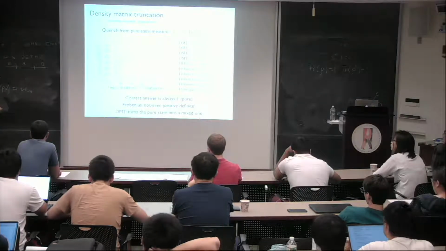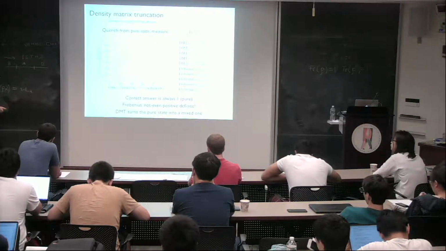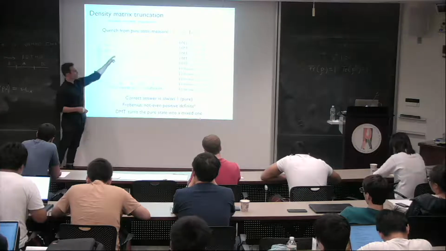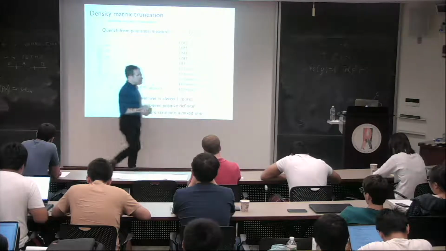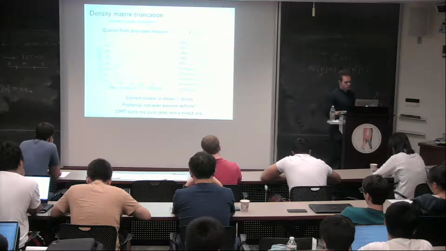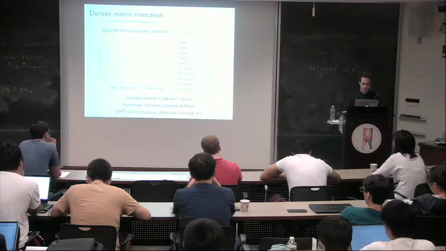When you throw away those complicated operators, you actually turn the state into a mixed one. So it's not necessarily bad that the entropy is going up. So that's the intuition. Eventually, the DMT starts turning the pure density matrix into a mixed one.